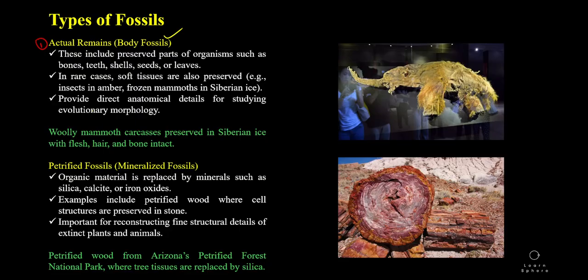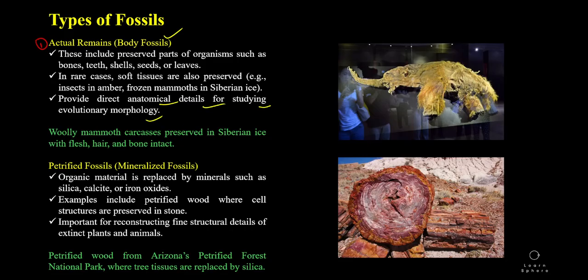In very rare cases soft tissues are also preserved. It is mentioned as rare because it is very difficult to find soft tissues embedded for a long time, because the bacteria or the decomposers decompose these types of soft tissues. That's why. They provide direct anatomical details for studying evolutionary morphology.